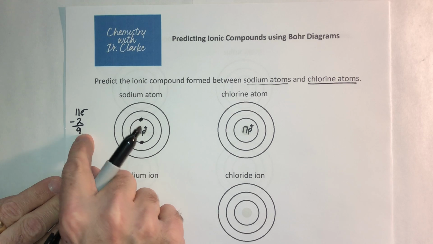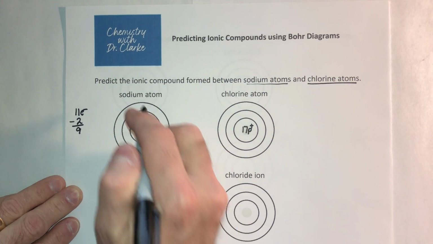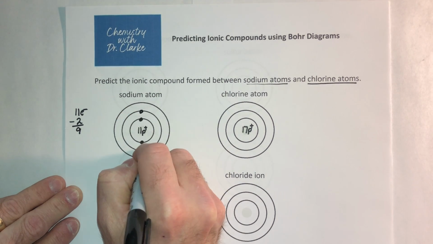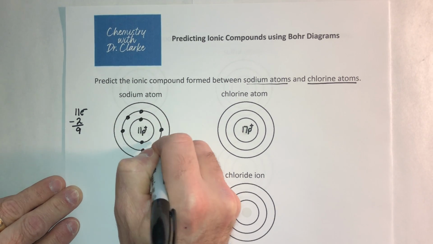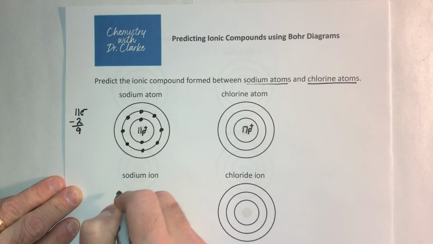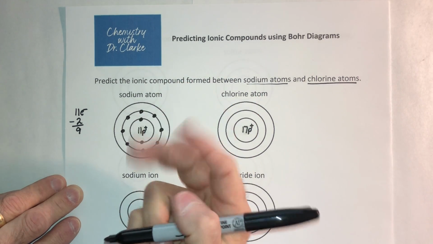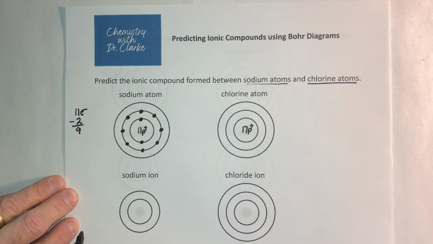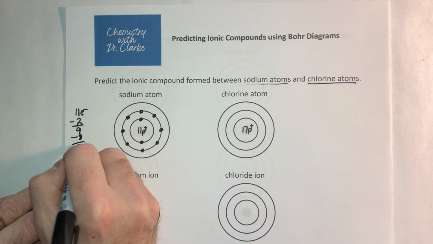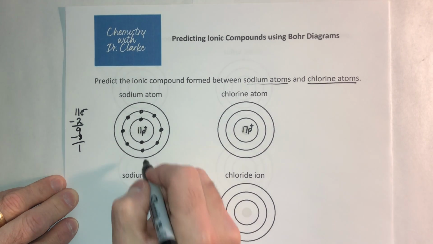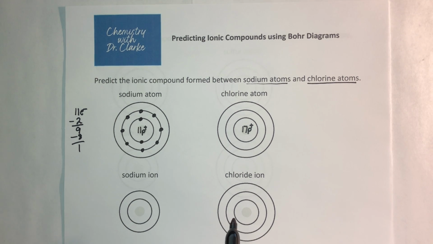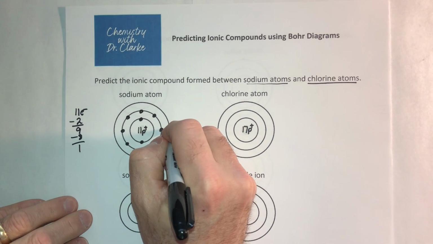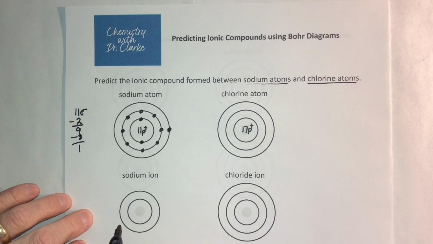I've got more than 8, so this ring is going to be completely filled with 8 electrons: 1, 2, 3, 4, 5, 6, 7, 8. First ring holds 2, second ring holds 8, so I put in 8. I've got 1 left. This third ring, third orbital, can hold 8 electrons, but I've only got 1 left, so let's put 1 electron there.